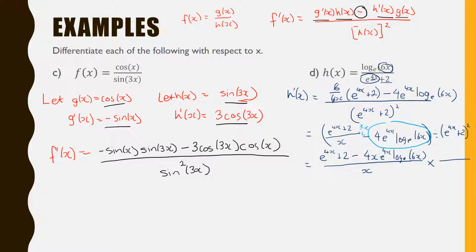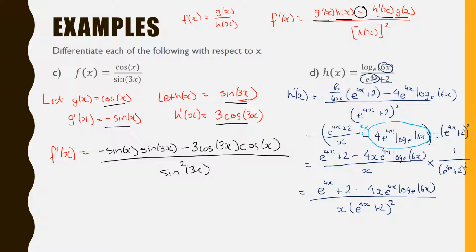When we are dividing by something, that is the same as multiplying by 1 over the actual function itself. If we simplify numerator multiplied by numerator, we get e to the 4x plus 2 minus 4x e to the 4x log e of 6x, all over x multiplied by our function here.